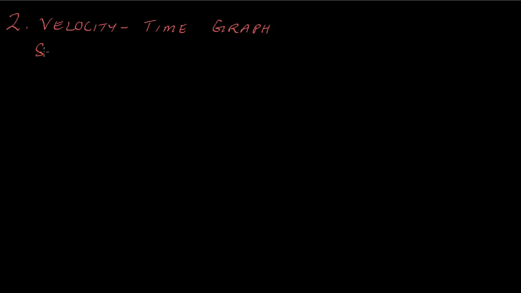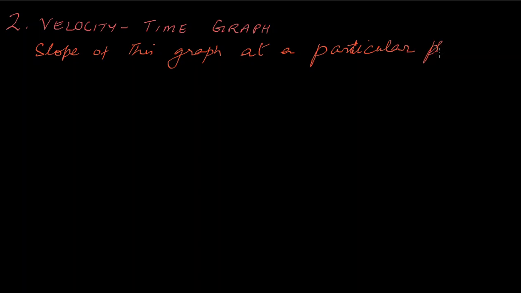So the slope of this graph at a particular point represents what? Represents acceleration or instantaneous acceleration.